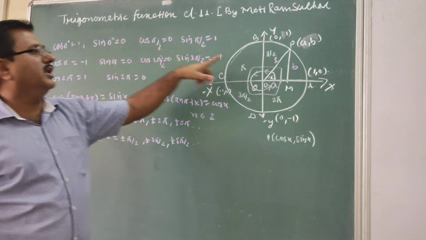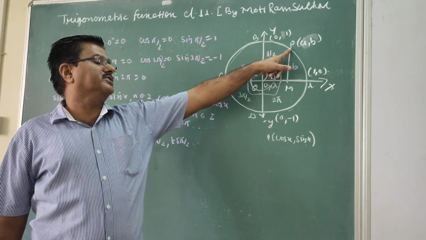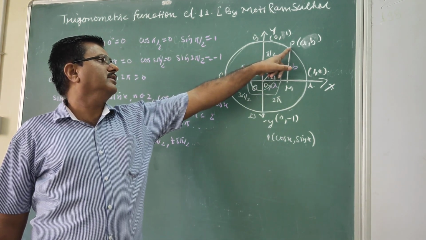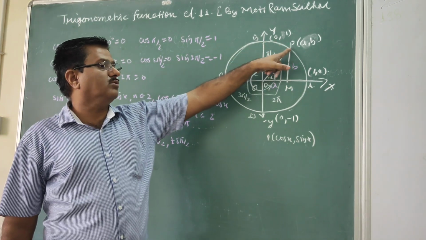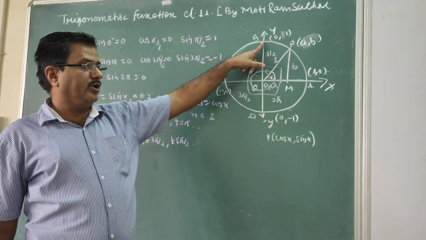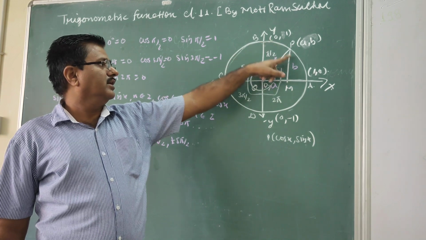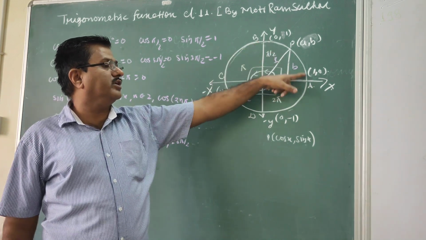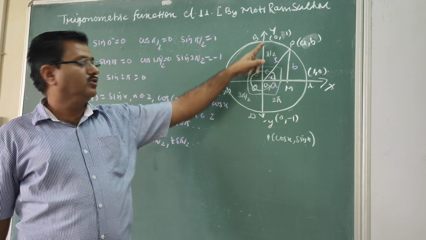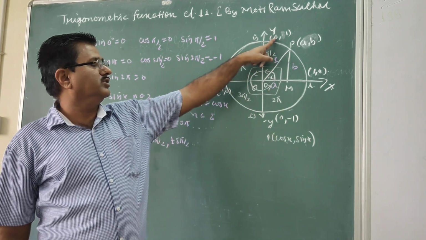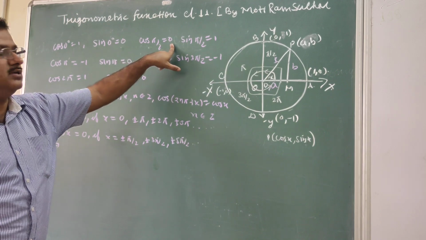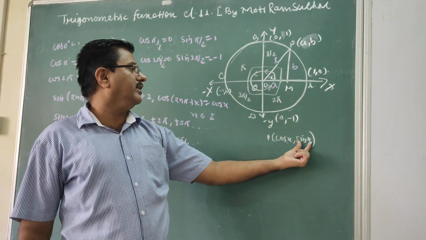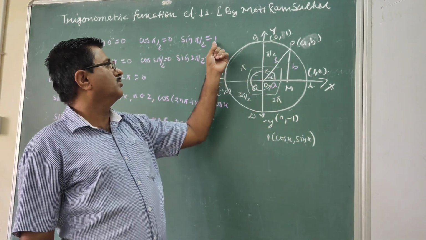We have already discussed this, so I am not writing it again, only a review. When P coincides with the point D, then the angle covered by this point is pi by 2. So cos pi by 2 is equal to 0, and similarly sin pi by 2 is 1.